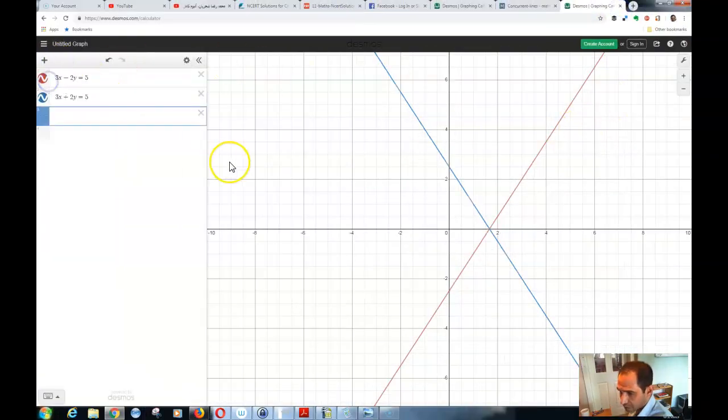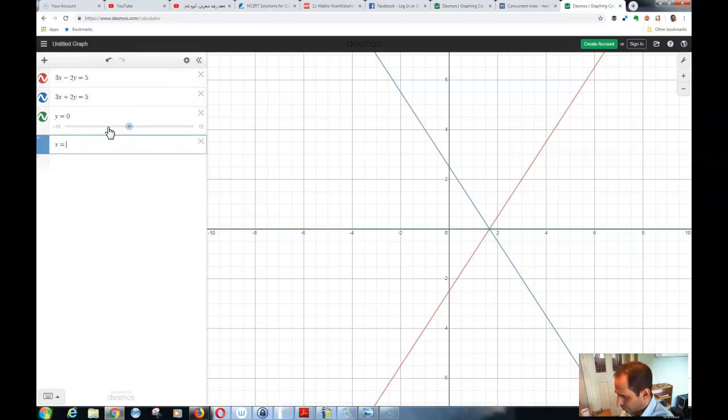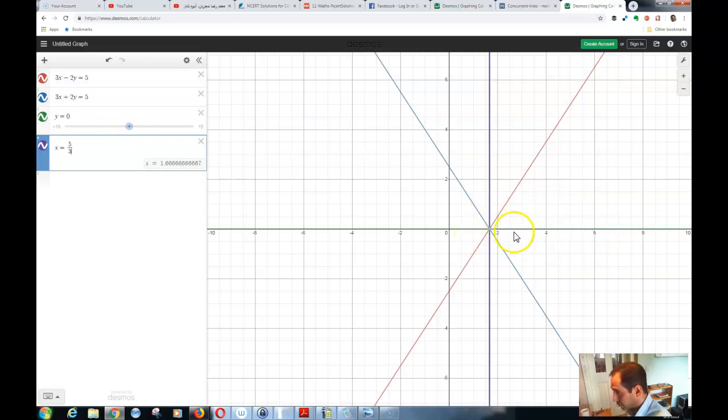So you have y is equal to 0, which is this line over here, and x is equal to 5/3, which makes sense, because as you go along this line, and these are the two lines that you have, either line number 1 or number 2 and the other one, you're going to be at all times equidistant from both of these lines.